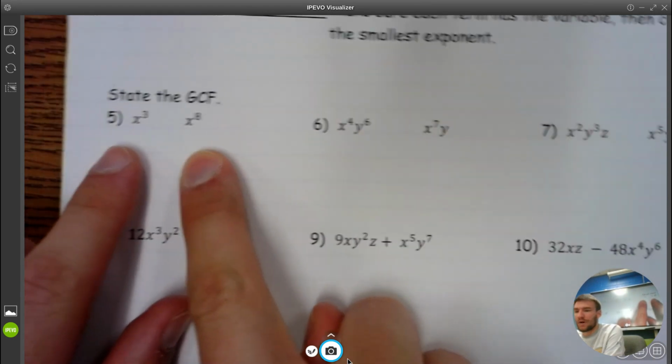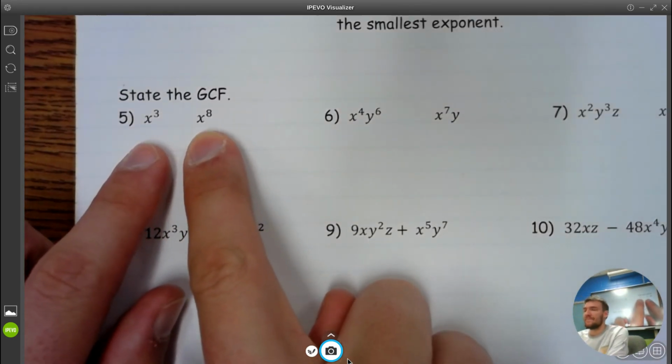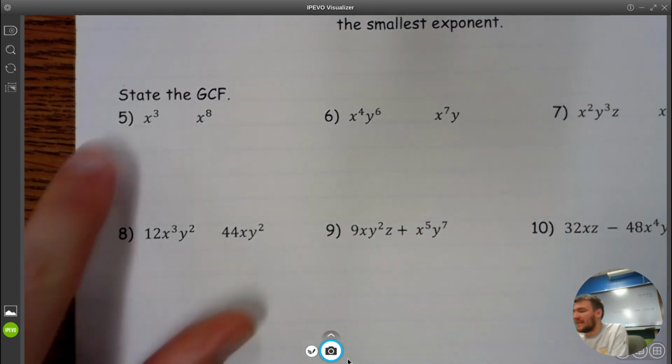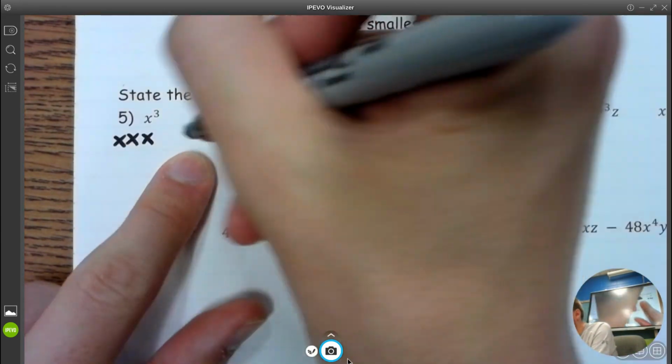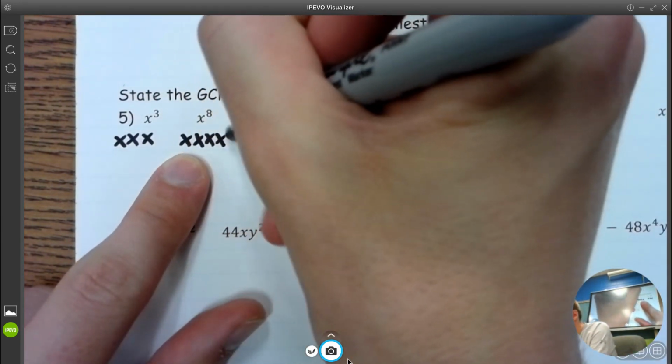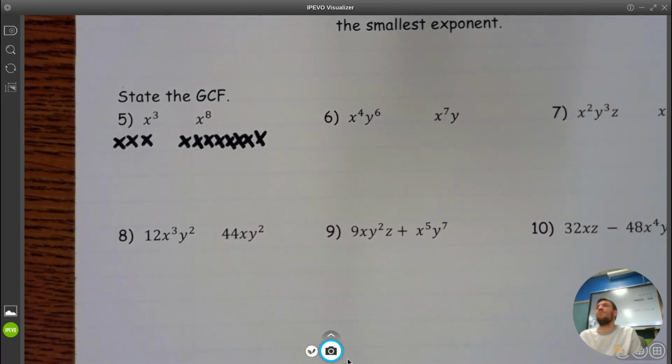Basically, we're going to look at both of these numbers, okay? And we're going to think about this like there are 3 x's right here. And this one is 8, so there's 1, 2, 3, 4, 5, 6, 7, 8. There's 8 x's there.